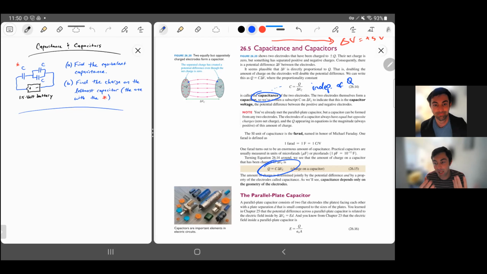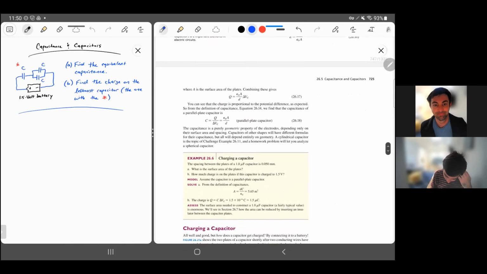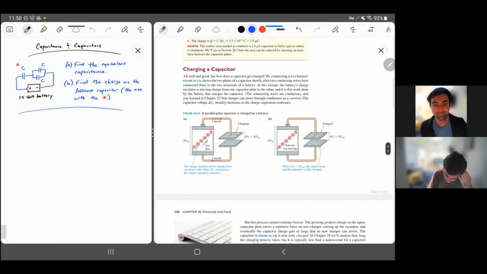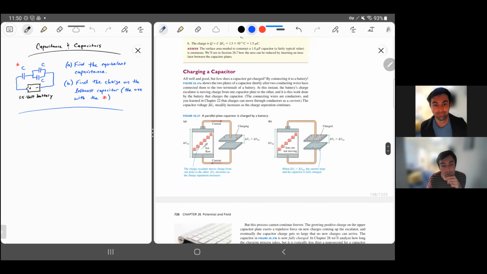And it's basically like how much, so if you look at this, the bigger C is, so imagine you hooked up a 1.5 volt battery charging a capacitor. How would you do it? I'll go back to that other screen in a second.